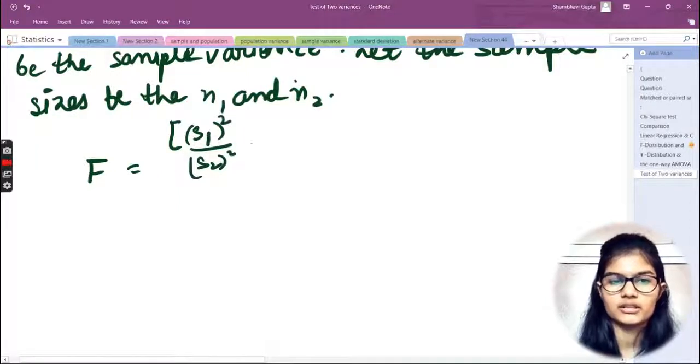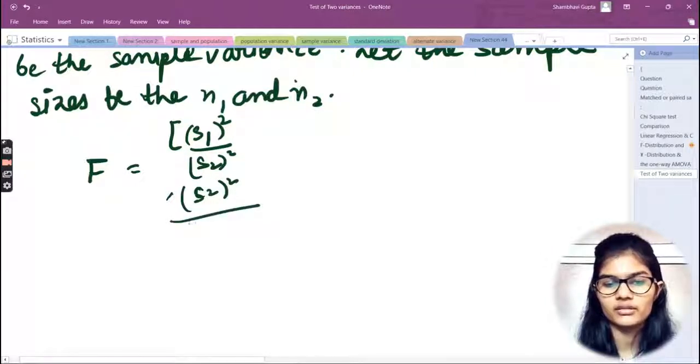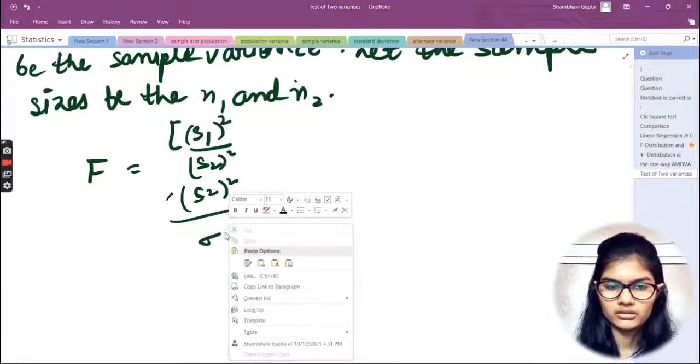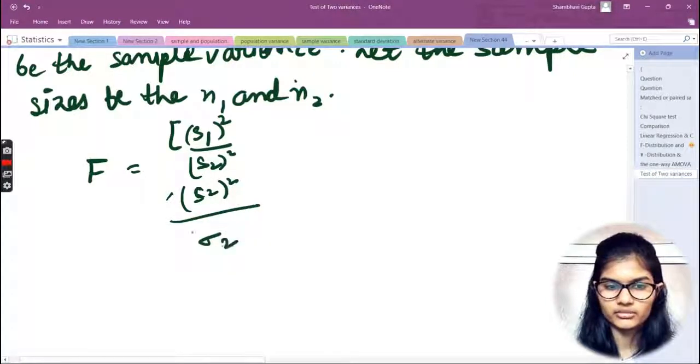Then we have the second one as well: S2 squared divided by sigma 2, so here sigma 2.